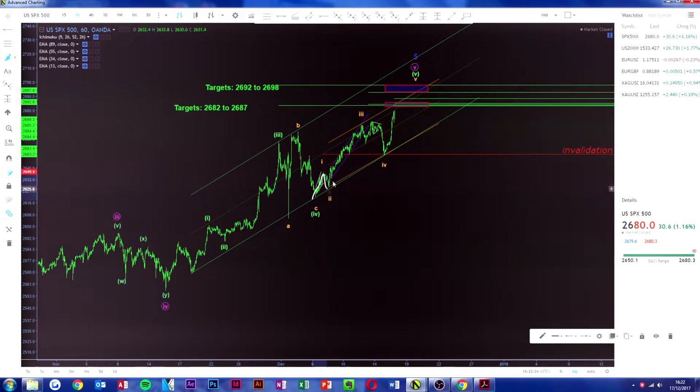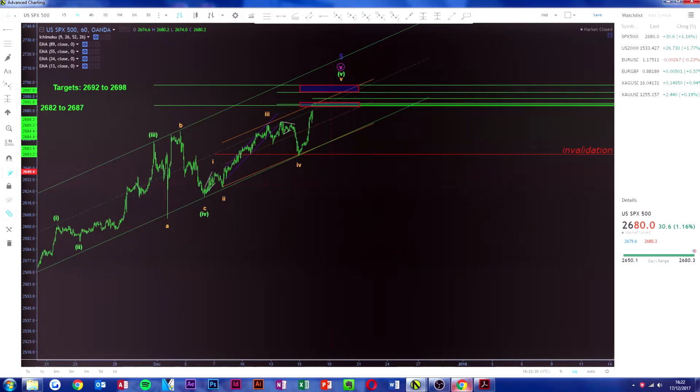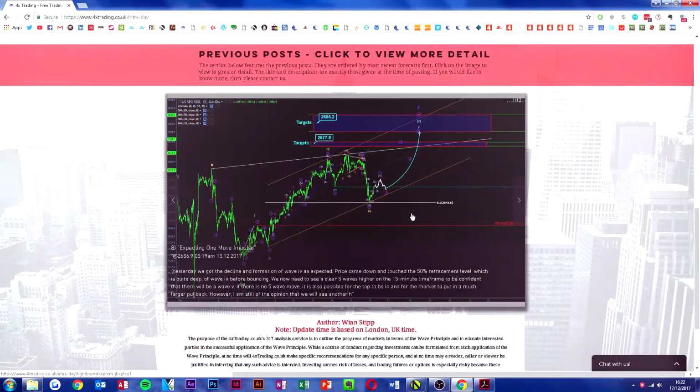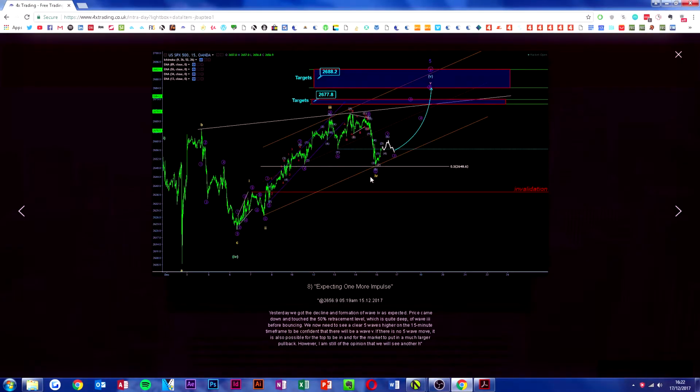We're now looking at this 1, 2, 3, 4, 5 here. We called this one pretty much perfectly on the website last week, this call here. So we had this 1, 2, 3 wave correction for wave 4, and here I'm saying expecting one more impulse.